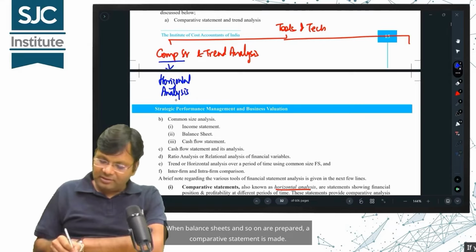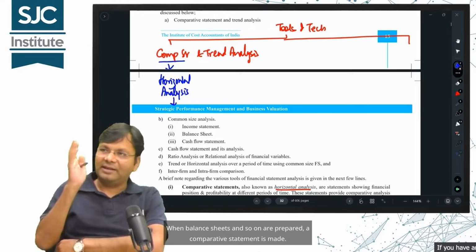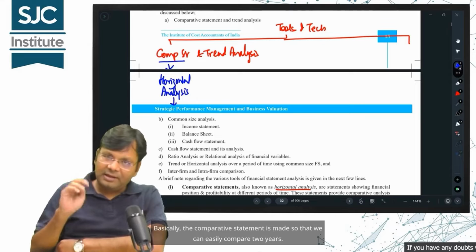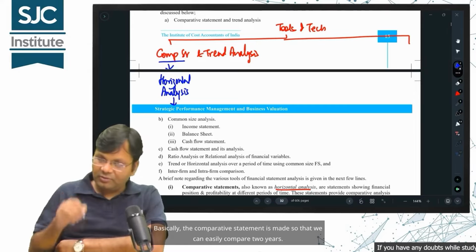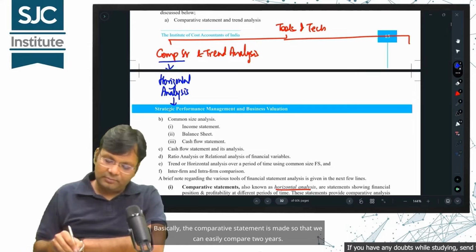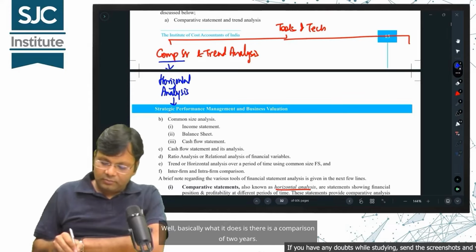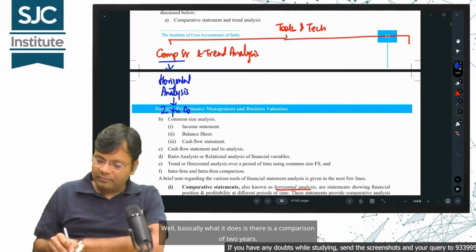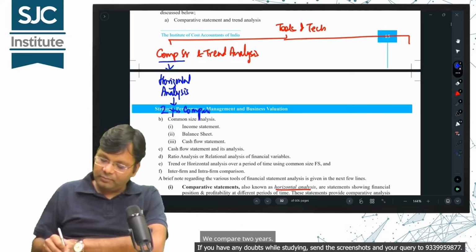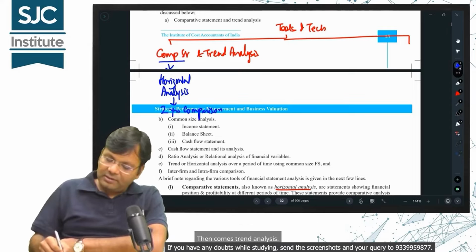When balance sheets and so on are prepared, a comparative statement is made so that we can easily compare 2 years. This is also called horizontal analysis. Basically, there is a comparison of 2 years.